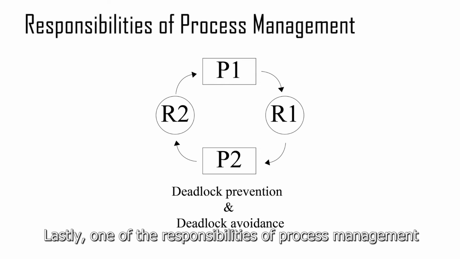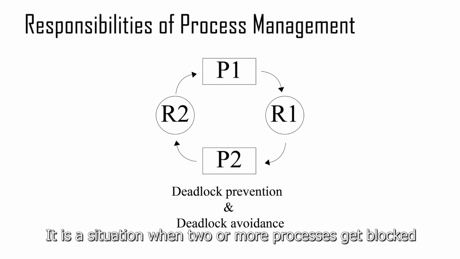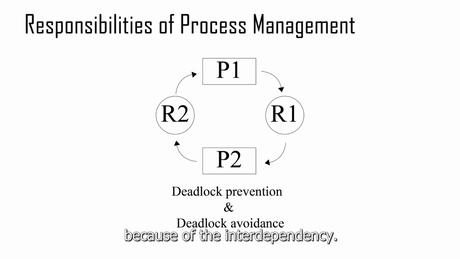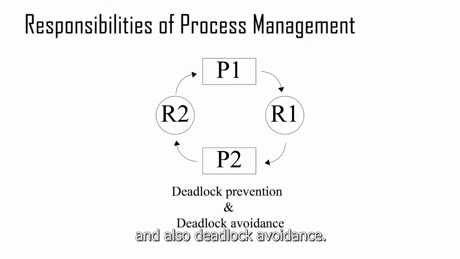Lastly, one of the responsibilities of process management also includes prevention of deadlock. What is deadlock? It is a situation when two or more processes get blocked and cannot proceed further with their processing because of interdependency. Process management includes deadlock prevention and also deadlock avoidance.